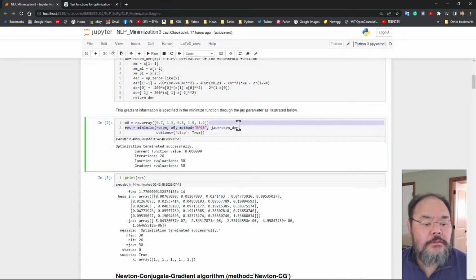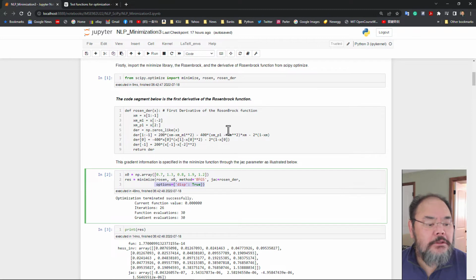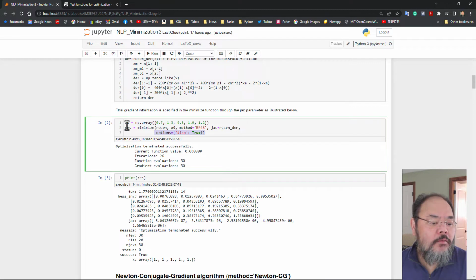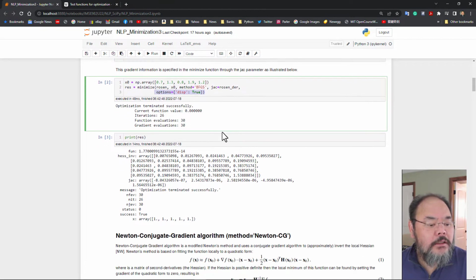We specify the Jacobian information using the Rosenbrock derivative, and I'm using the option disp equal to true, so it shows all the solution results. Just one line does this. The majority of the effort, if you're not using the Rosenbrock function, is defining your function and its derivative, and so on. One line of code can solve your problem.